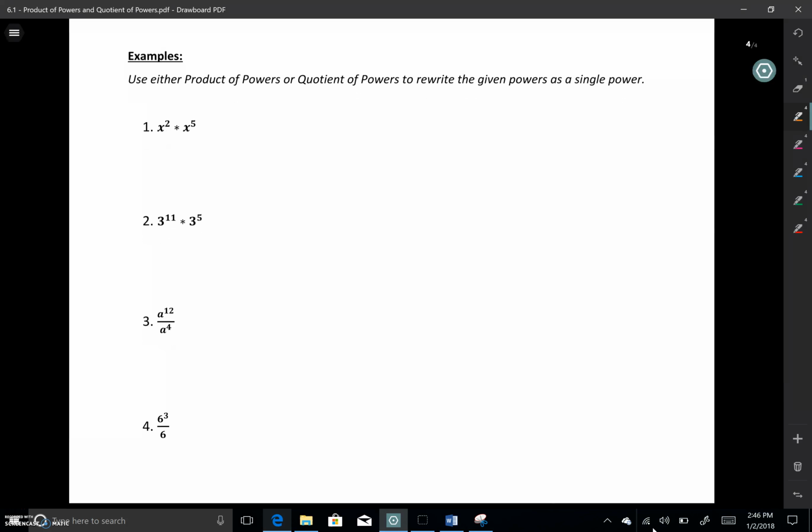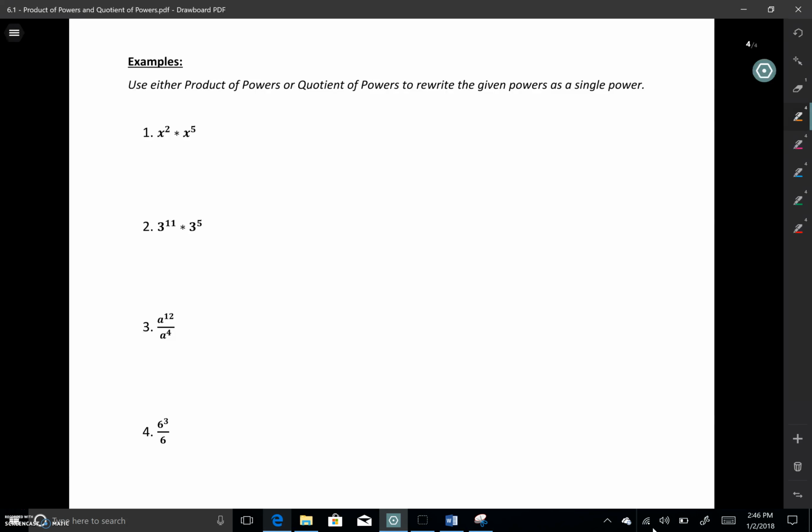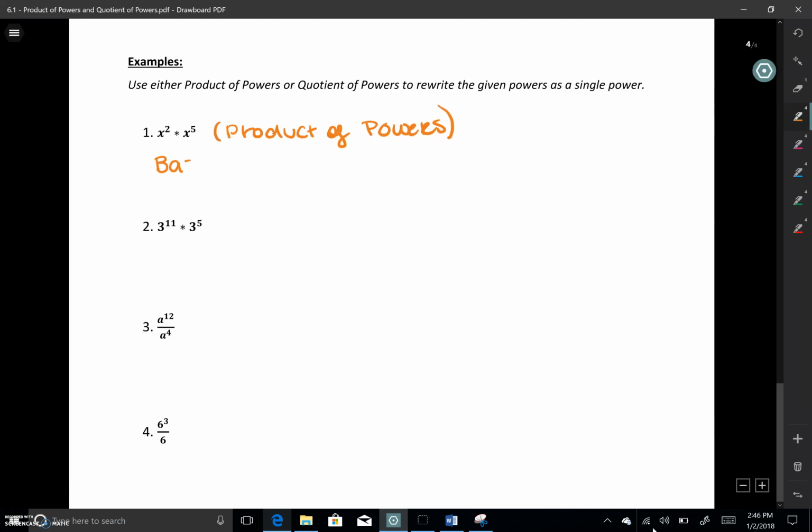Here are 4 examples that we can work through together. This first example here works off the product of powers. Okay. When I am multiplying 2 powers with the same base, I add the exponent. So my base here in both powers, x squared and x cubed, is going to be x.